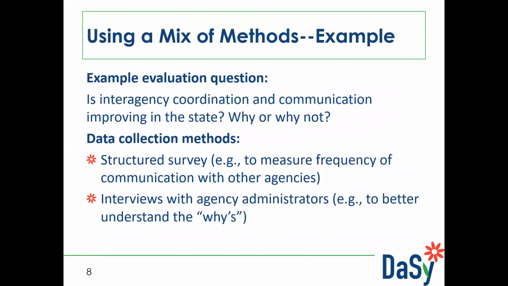The first is a structured survey where they gathered information like, how often do you communicate with staff from other agencies? The advantage to a structured survey is that they can gather this information from a lot of different people. Once the survey is developed, it's pretty easy to ask many people to fill it out, and it's fairly easy to analyze that information as well.